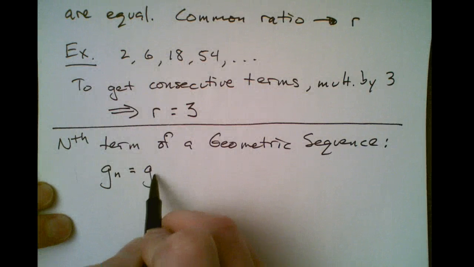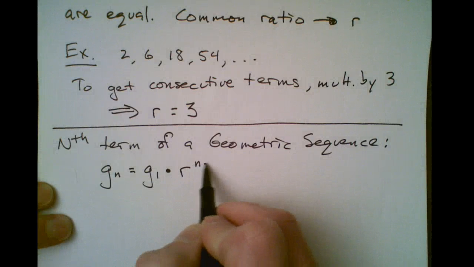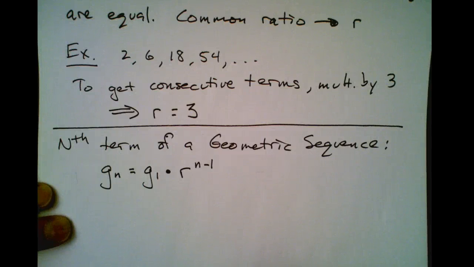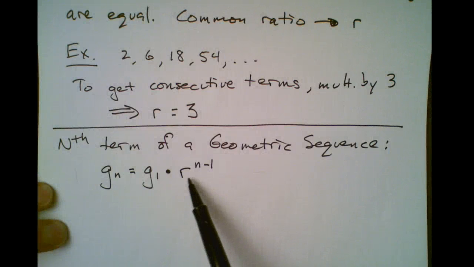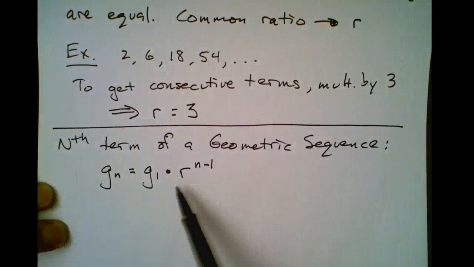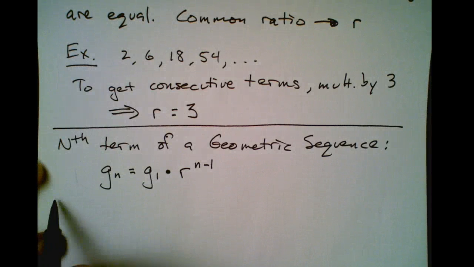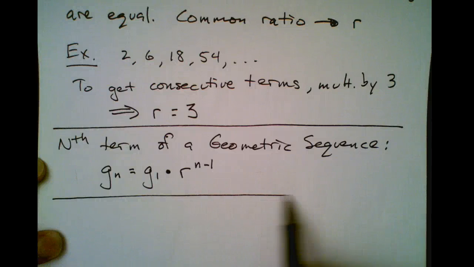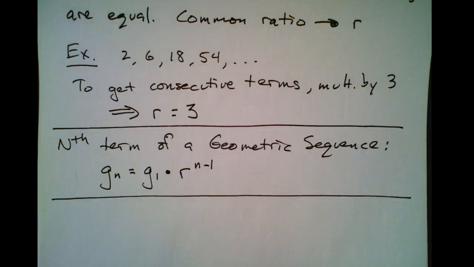So g sub n is equal to g sub 1 times r raised to the n minus 1. So you see some similarities to the arithmetic sequence. Instead of a sub 1, we have g sub 1. And instead of multiplying our common difference times n minus 1, we're taking our common ratio and raising it to the n minus 1. Alright, so really that is the basic formula for finding the nth term of a geometric sequence.